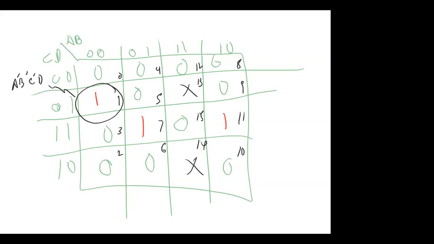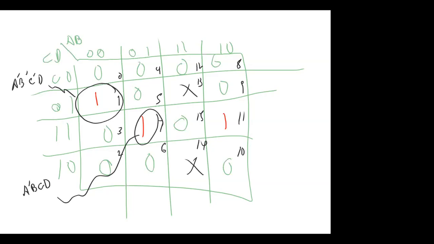And how shall we loop element number 7? Anybody? Same thing. Alex, what's the product term there? A prime, B, C, D. Sounds good.